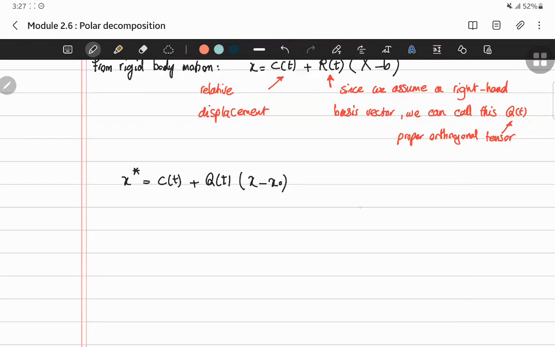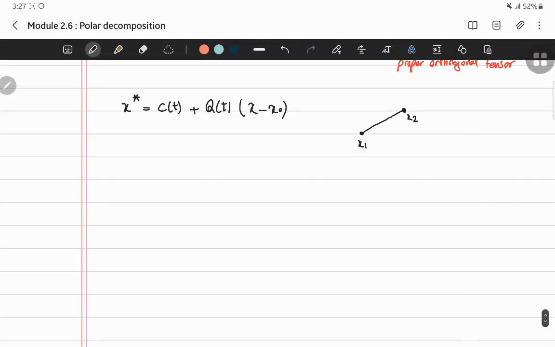So if I have this position here, x1, and I have another position here, x2, and I want to measure the distance between x1 and x2, or the vector between x1 and x2, so I can put here x1, and then I have also x1 in here. So I have x2 star is equal to c(t) plus Q(t) times x2 minus x0.